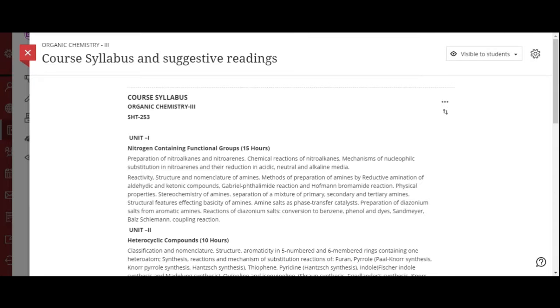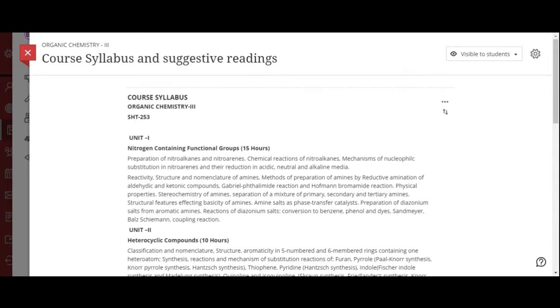See, Unit 1, nitrogen containing functional groups, in which we have preparation of nitroalkanes and nitroarenes, chemical reactions of nitroalkanes, mechanisms of various reactions like nucleophilic substitution reaction in nitroarenes. Obviously, substitution reactions are in aromatic compounds and their reduction in acidic, neutral and alkaline medium.